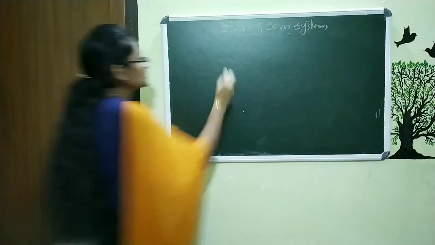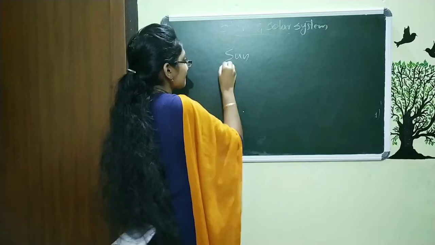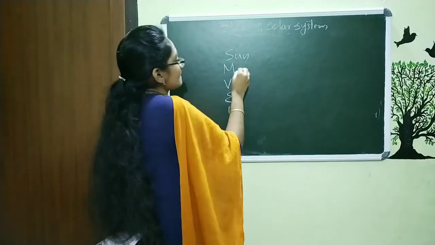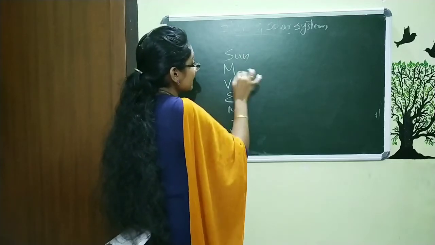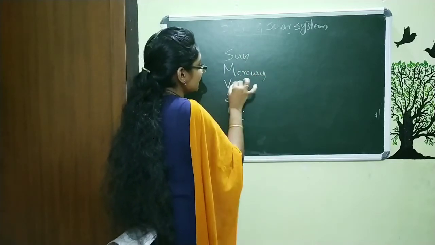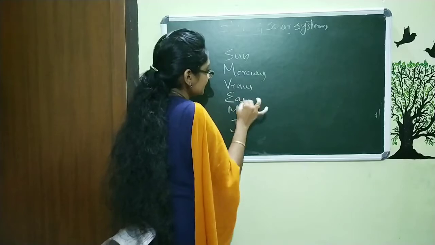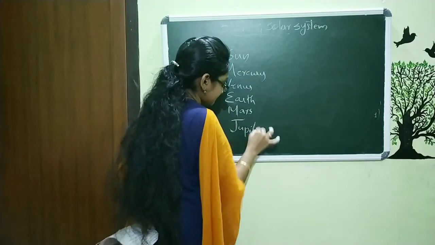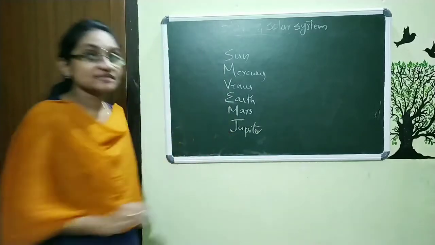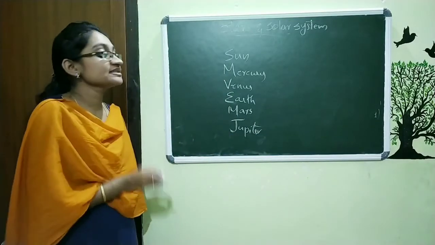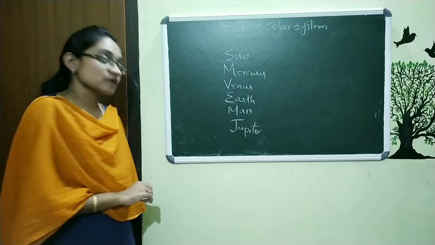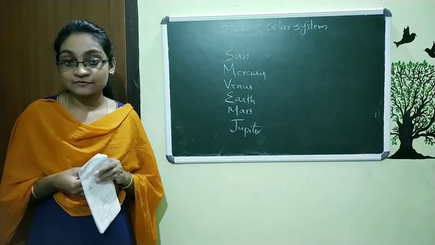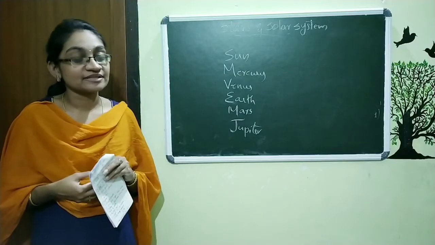Then we discussed Mercury, Venus, Earth, Mars and Jupiter. These are the things we basically discussed today, and in the next class we will discuss the further planets and the further topics. It's enough for today. You want to read your textbook 3-4 times and we will meet in the next class. Thank you.